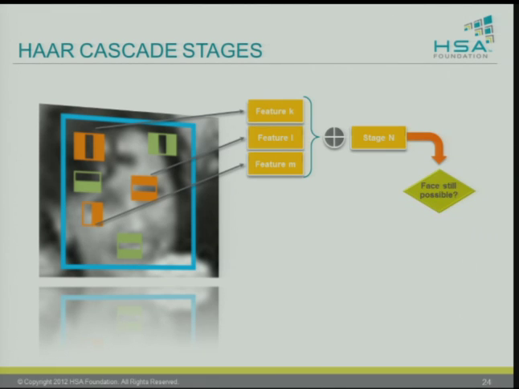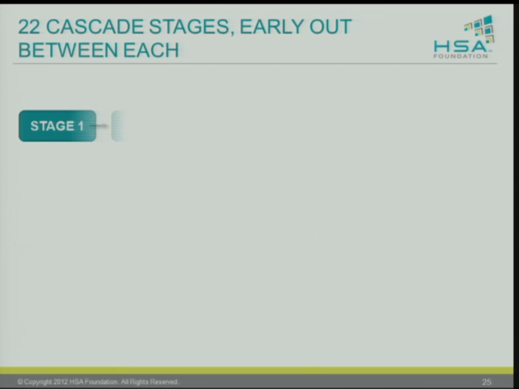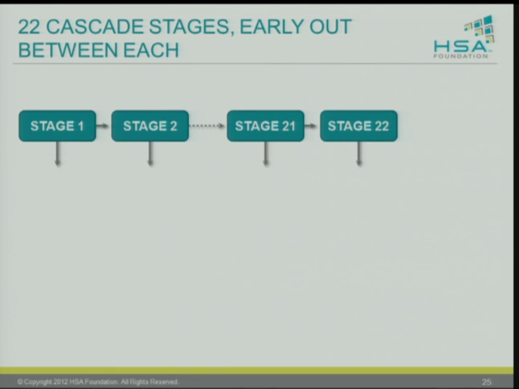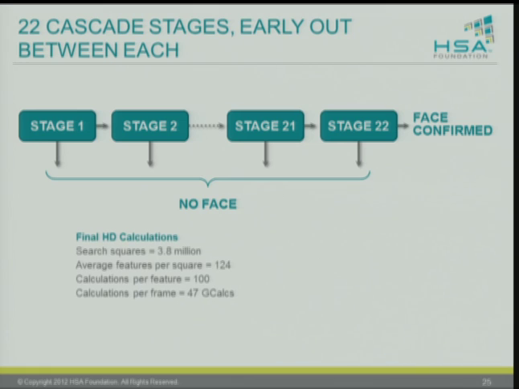The way the algorithm works is it looks sequentially for different features in each search square. And if it doesn't find them, it rejects the frame. So this is an early out algorithm. In this particular instance of the algorithm, there are 22 stages. At each stage, if it rejects, we have no face. If we get through all of them, we believe we found what we're looking for.